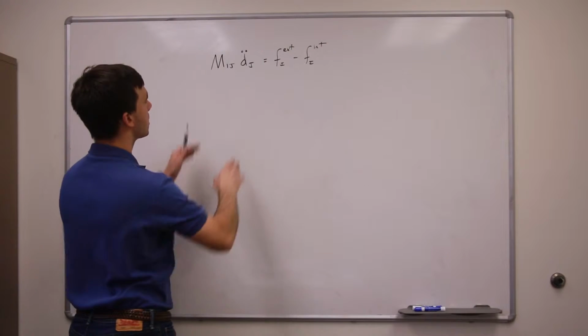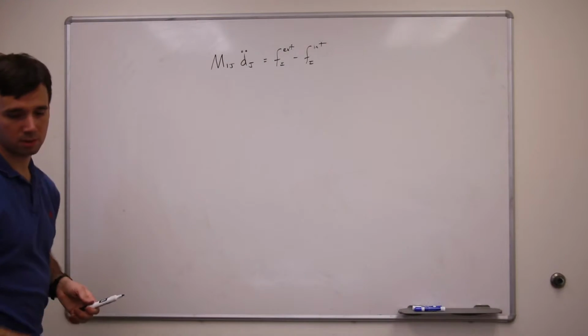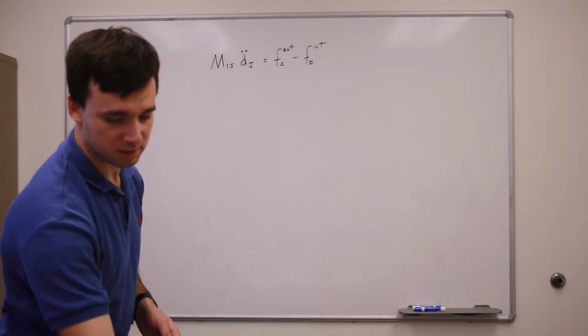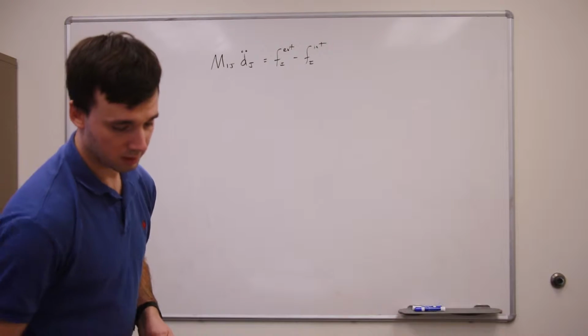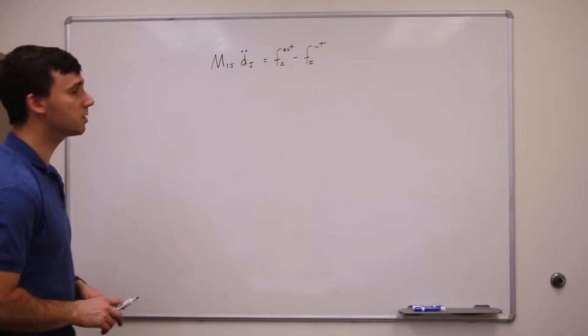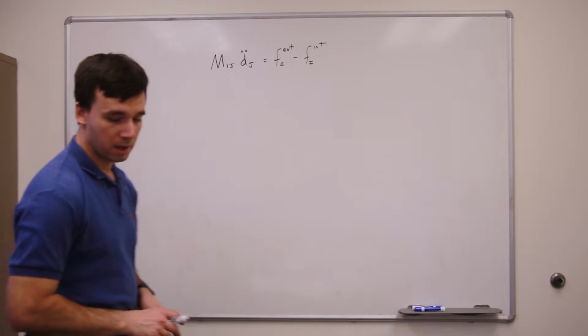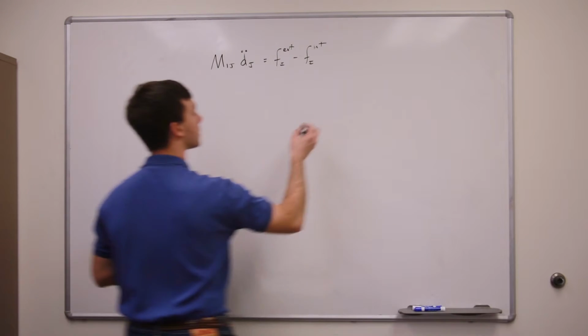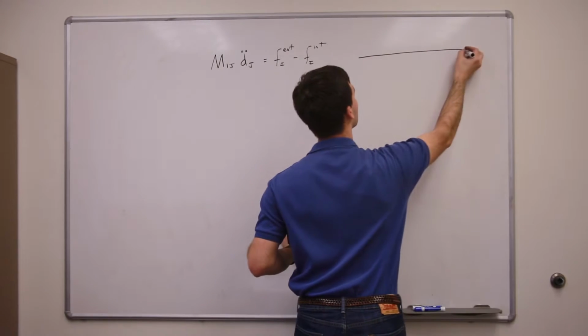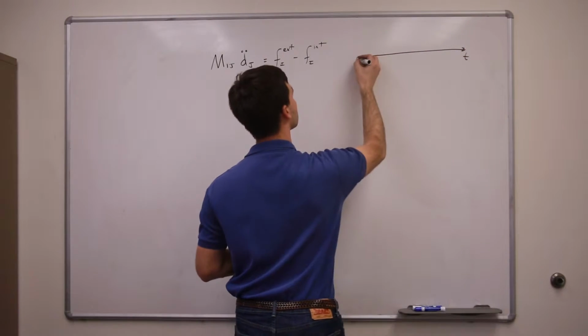And so what I need to do is define a time step, an integration scheme to discretize in time. And what we use is something called the leapfrog scheme. And so I'm going to draw on an axis. Here's the time axis.